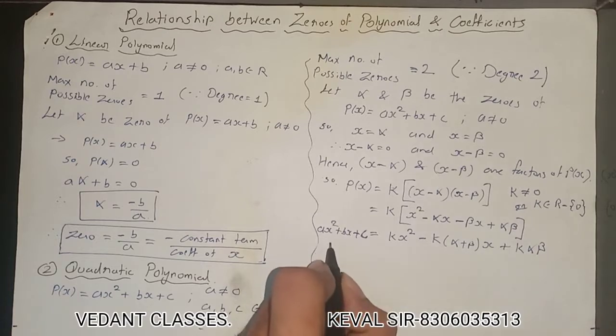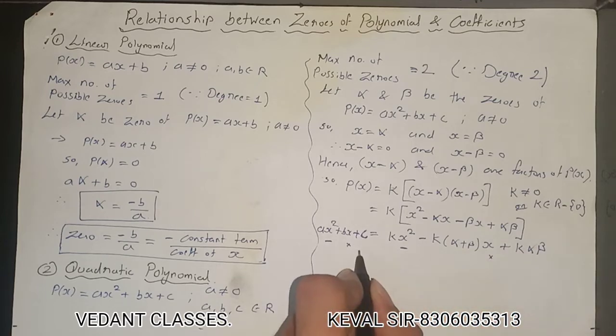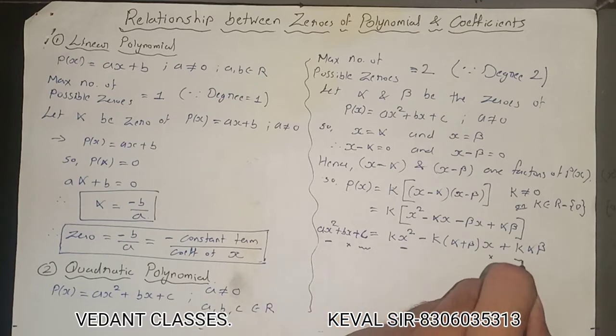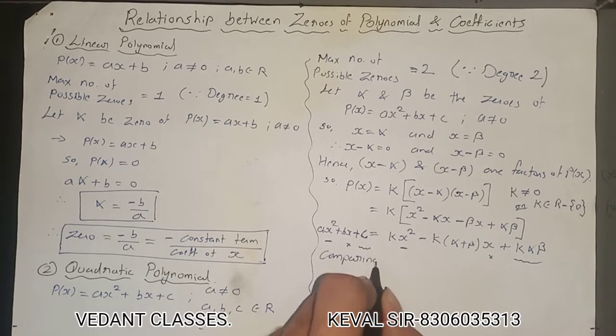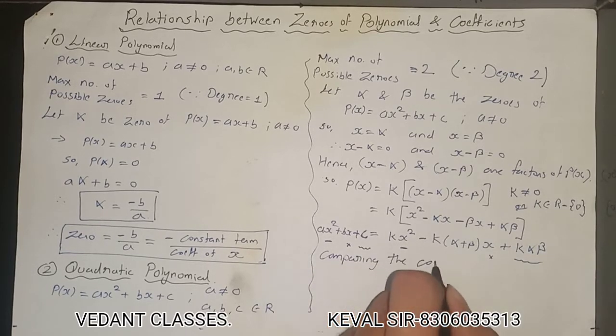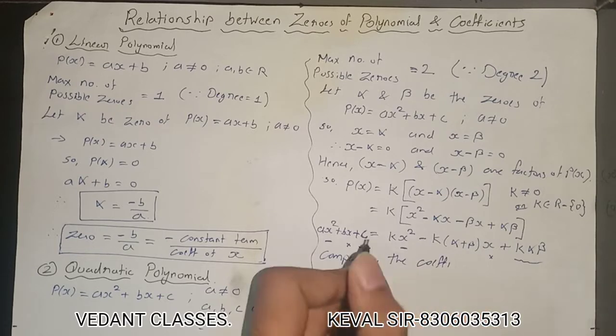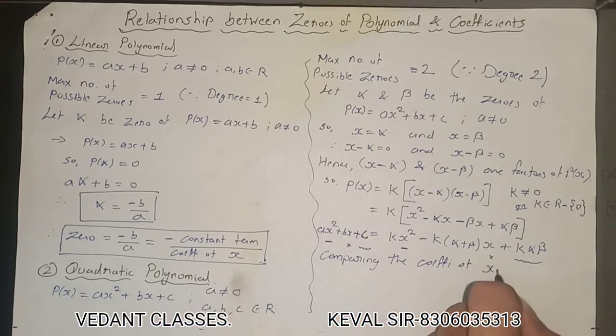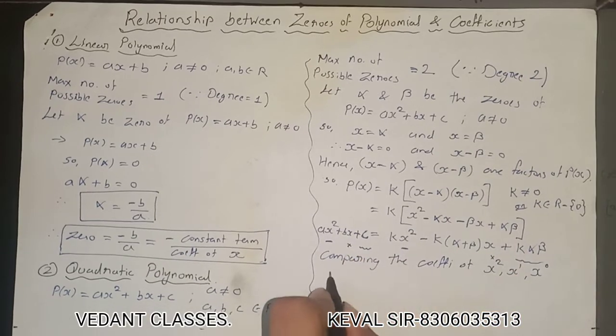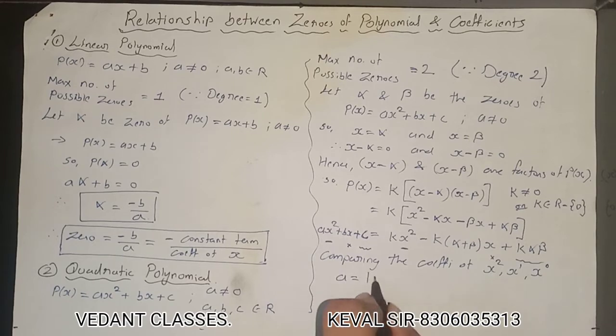Okay, you just need to compare the coefficient of x square, then x, and then this constant term. So, comparing the coefficients of x square, then x power 1 and the constant term, that is x power 0, we'll get the value of a, that will be equal to k.